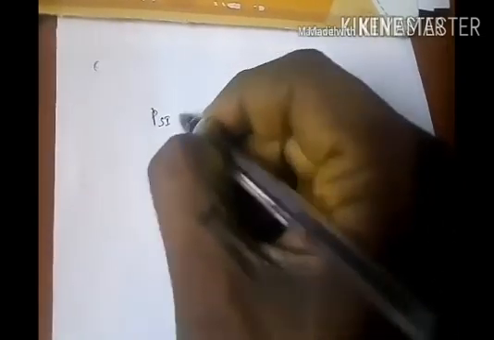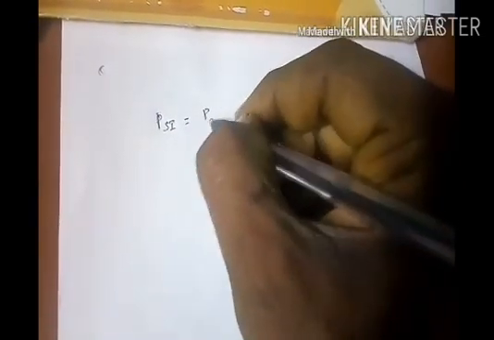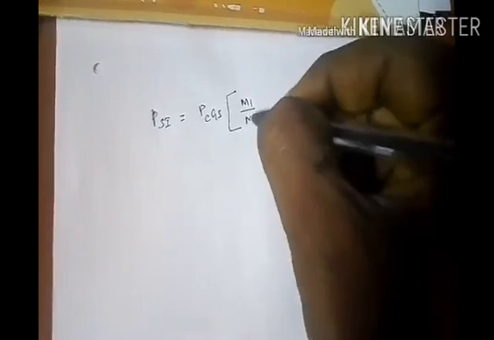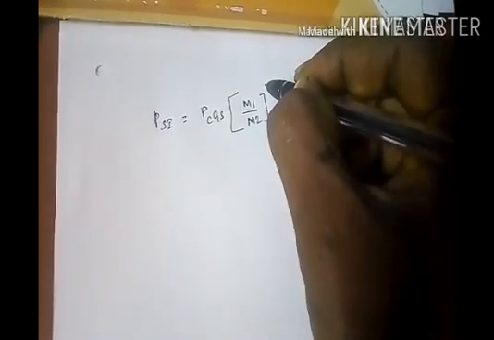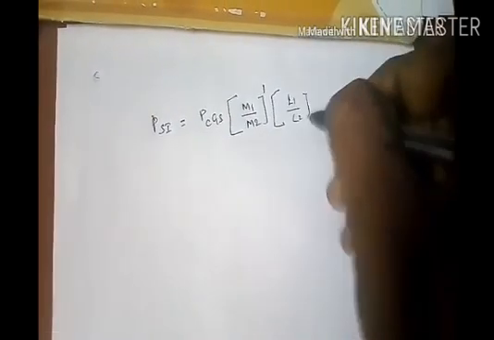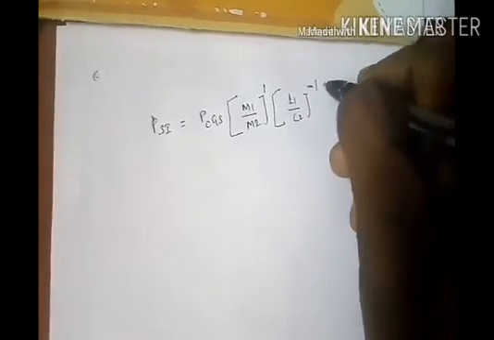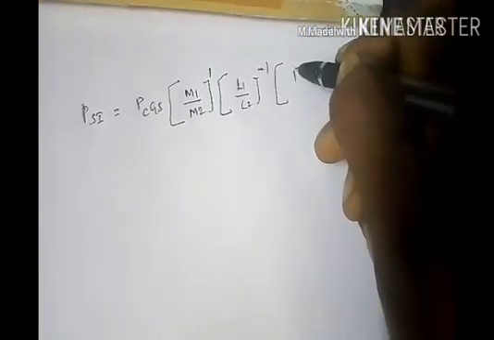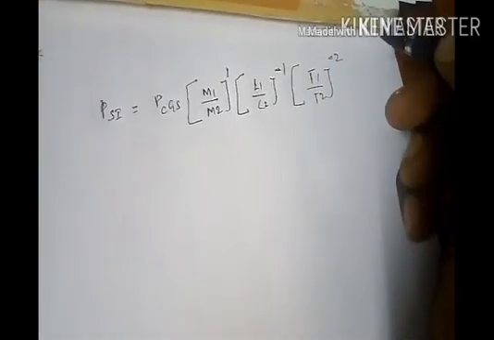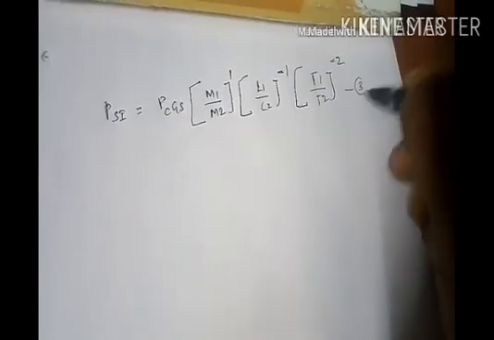These values are substituted in equation 2. So the equation becomes: pressure in SI system is equal to pressure in CGS system, then M1 divided by M2 power 1, then L1 divided by L2 power minus 1, then T1 divided by T2 power minus 2. This is equation number 3.